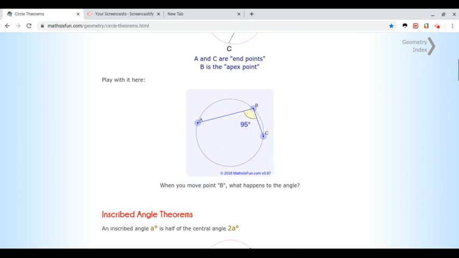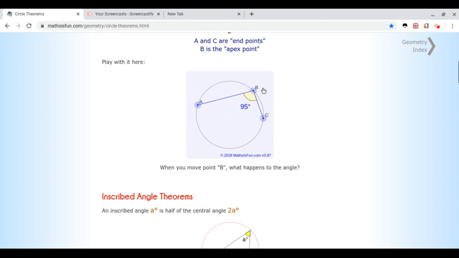What we have here is angle ABC, and it says, when you move point B, what happens to the angle? Right now it's telling me that ABC is 95.